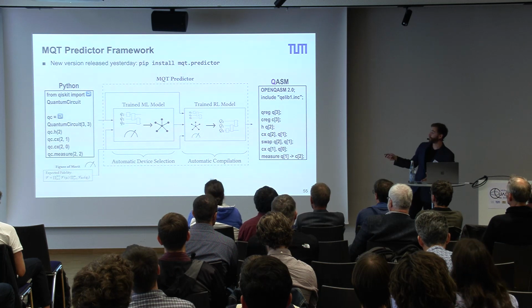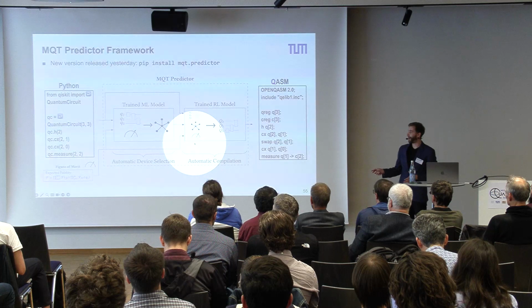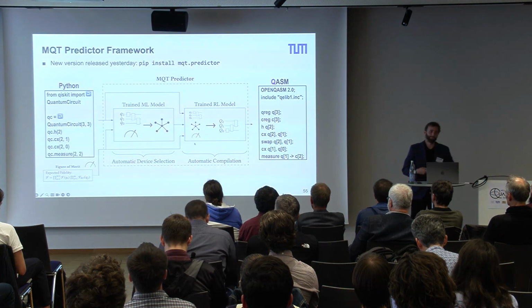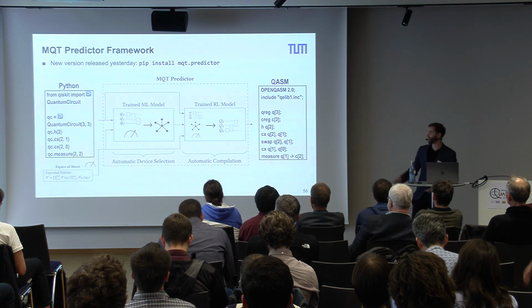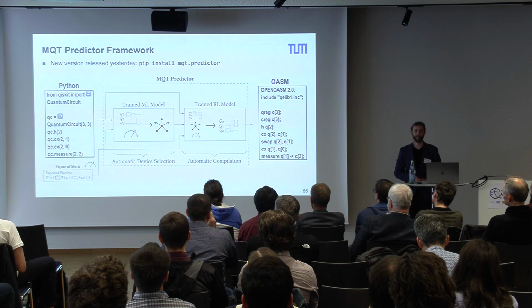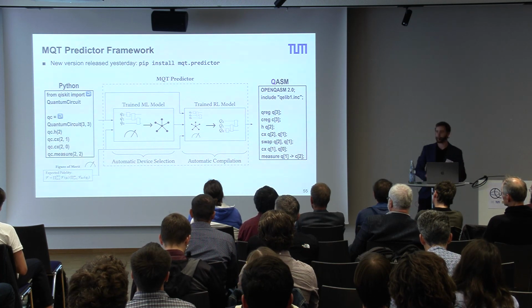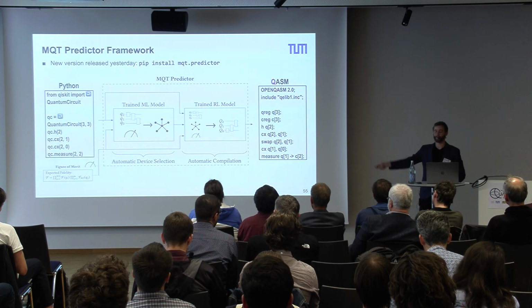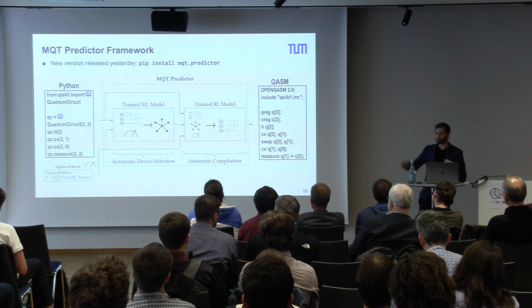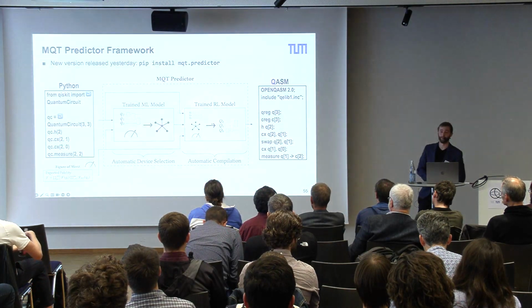Then it learns for a specific circuit, architecture, and a figure of merit, optimization criterion, like the expected fidelity, how to best compile your circuit. And on top of that, we build a machine learning model that then tells you which device you should prefer for a certain application. Like, you have a VQA for an optimization problem, it tells you prefer that device, and it gives you an optimized compiler for that device.